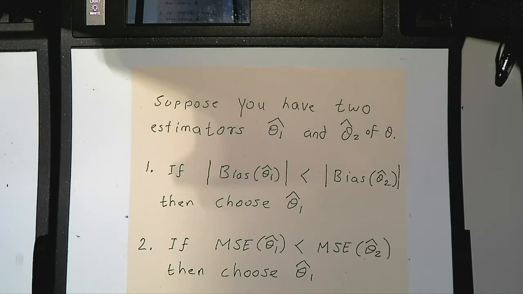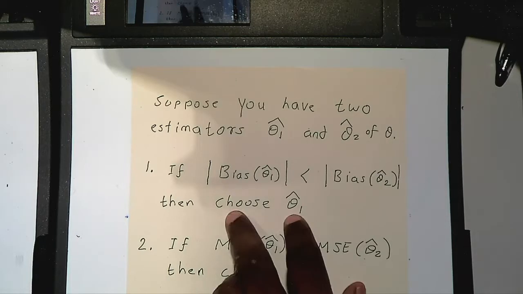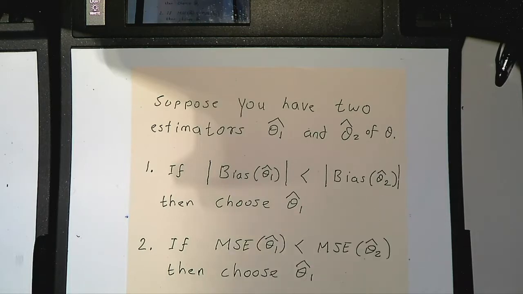Sometimes you can have conflicting results. For example, sometimes with respect to bias, theta 1 hat may be the better estimator, but with respect to MSE, theta 2 hat may be the better estimator. So in that case, you just have to say that in terms of bias, theta 1 hat is better. In terms of MSE, theta 2 hat is better. So you can have conflicting results. But this is how you decide.